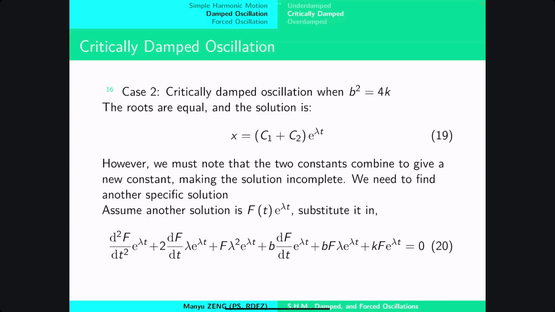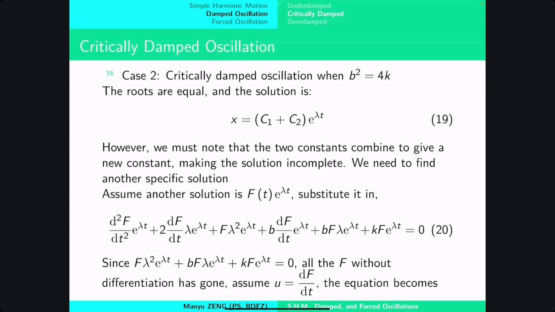It's the third term, the fifth term, and the sixth term. These only contain f, and we extract them out, and we suddenly found that f lambda squared e to lambda t plus b f lambda e to the power of lambda t plus k f e to the power of lambda t.